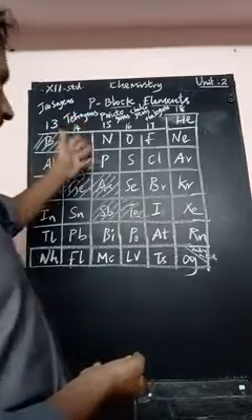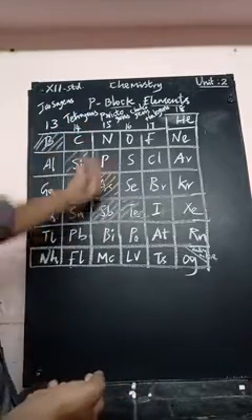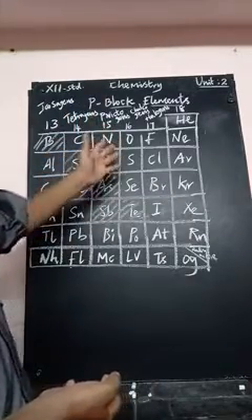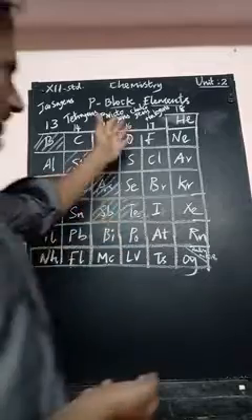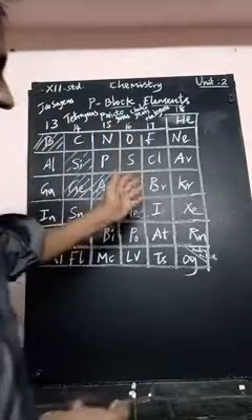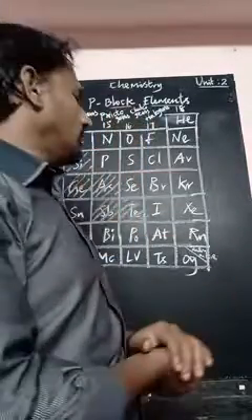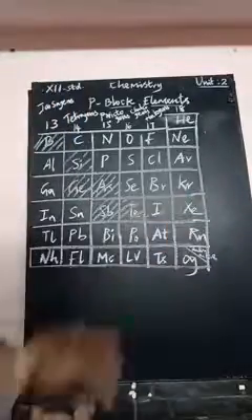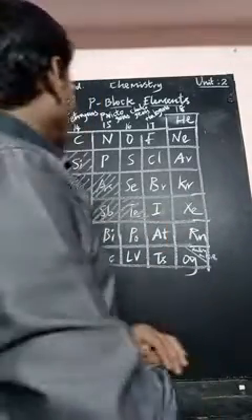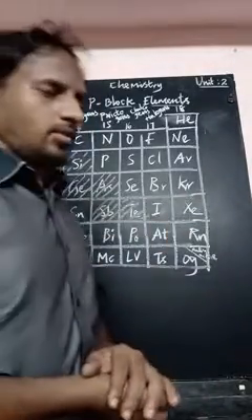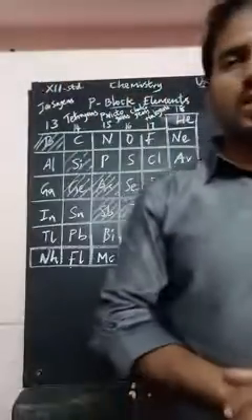15th group, nitrogen, phosphorus, arsenic, antimony, bismuth. And 16th group, oxygen, sulfur, selenium, tellurium, polonium. 17th group, fluorine, chlorine, bromine, iodine, astatine. And 18th group, helium, neon, argon, krypton, xenon, radon. Here, these elements are important. We know very well about carbon.